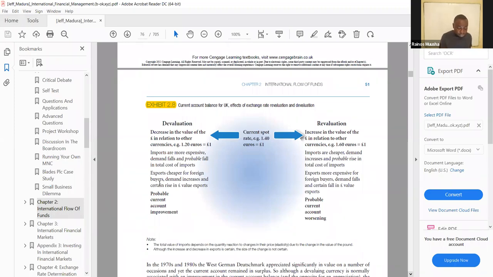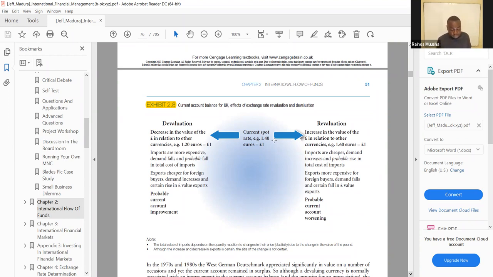Then, if we have a revaluation of the British pound, this is where we say the British pound is appreciating in value. So if there is a revaluation of the currency, our currency is appreciating in value. Initially, for 1 British pound we were able to get 1.4 euros.